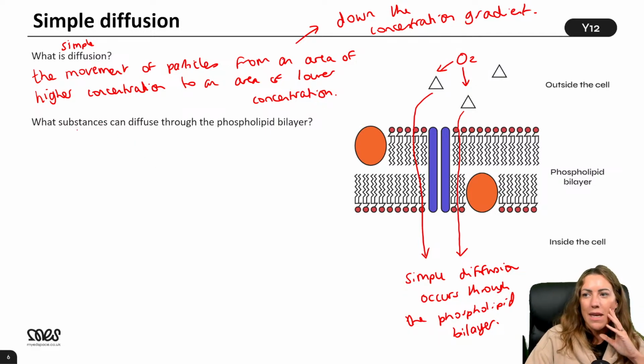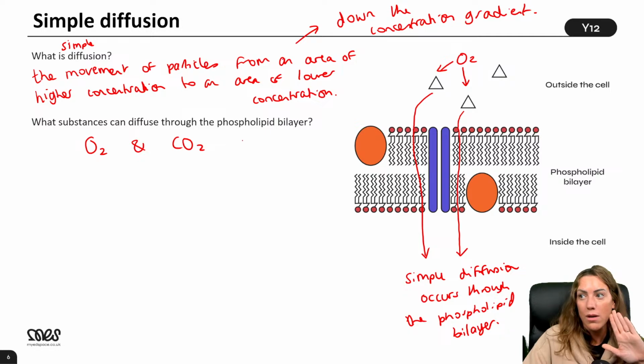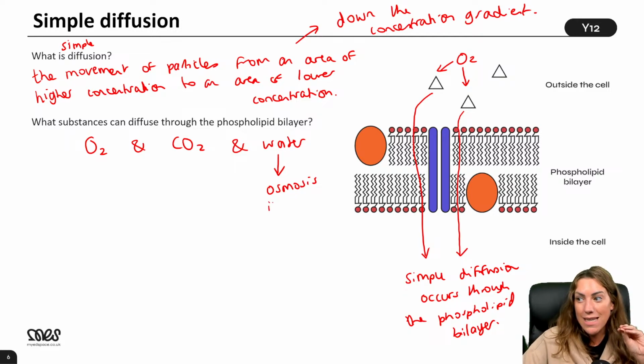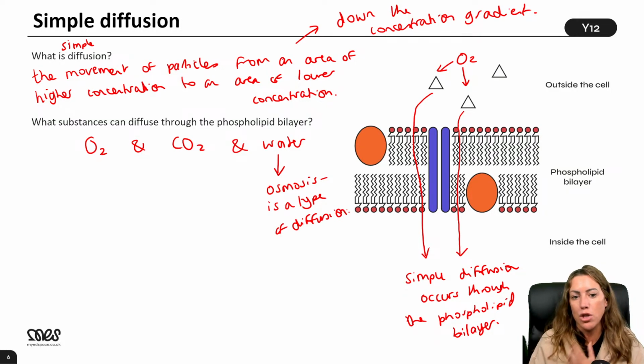Now we need to start thinking what substances can do this. Oxygen and carbon dioxide. Oh, and water. But remember, when it's water, we do call it osmosis, but osmosis is a type of diffusion. Osmosis is just the simple diffusion of water. We just call it osmosis when it's water, but it is diffusion.